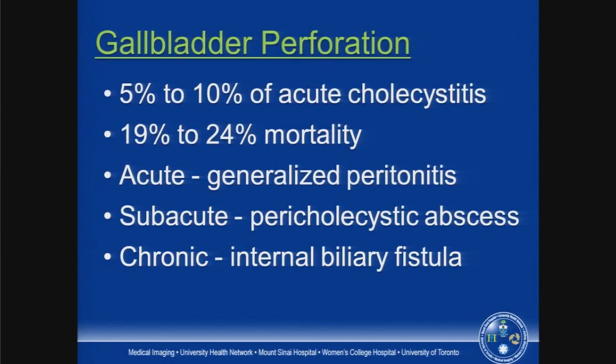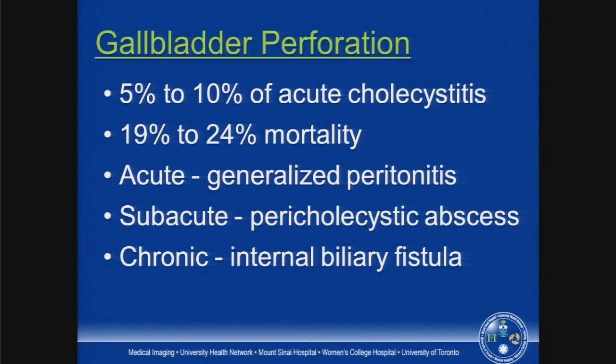Gallbladder perforation is the next step in the process, and it's a very significant step. Again, not uncommon, 5 to 10% of cases of acute cholecystitis, depending on the series, and it's significant because it can have a significant mortality rate.